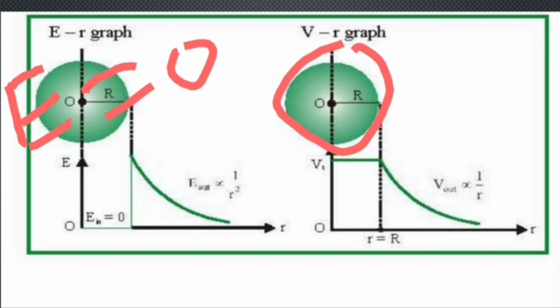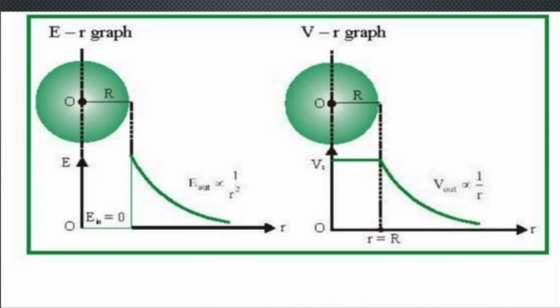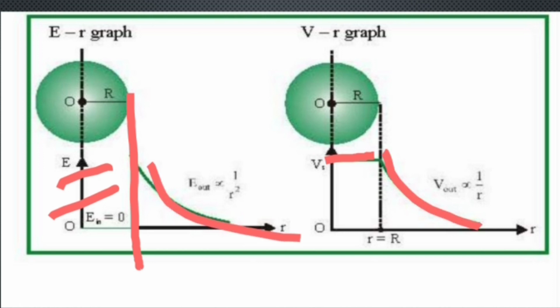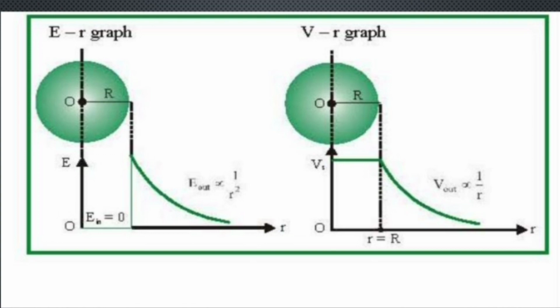But here inside the surface the value of V is constant. That is why you cannot have any trace of the E graph before R. But here within R also you have a static curve, that is, the value is constant. After that it is decaying, that is normal. But the decaying portion is also different. One is decaying at the rate of 1 by r square and the other at the rate of 1 by r. So this is also a difference.